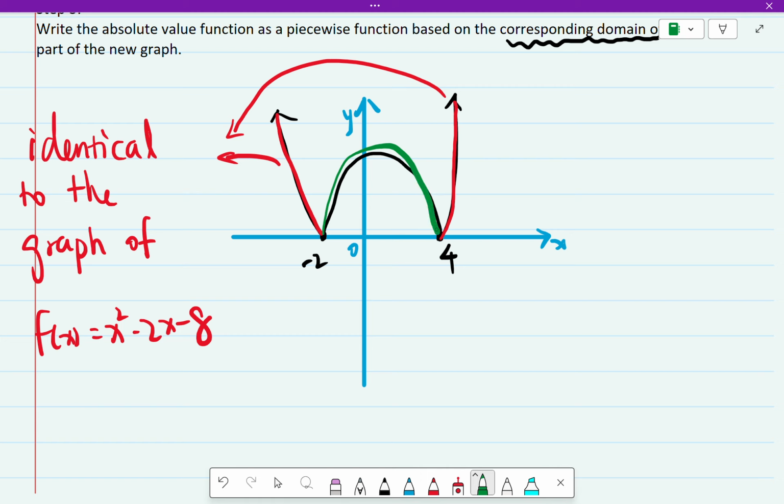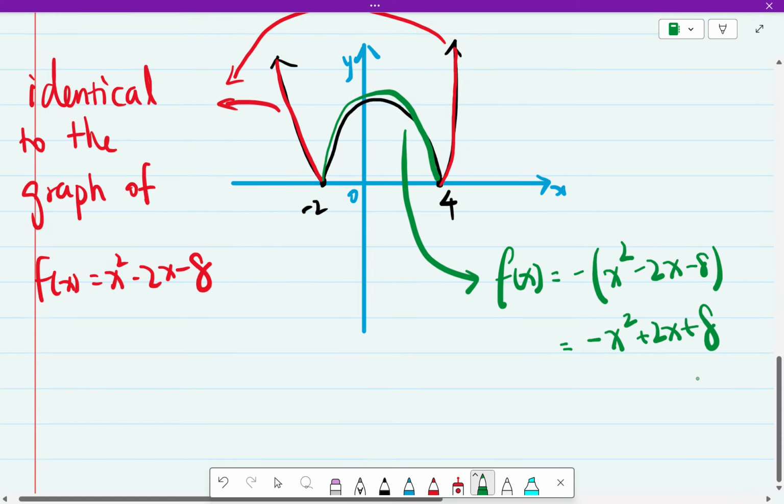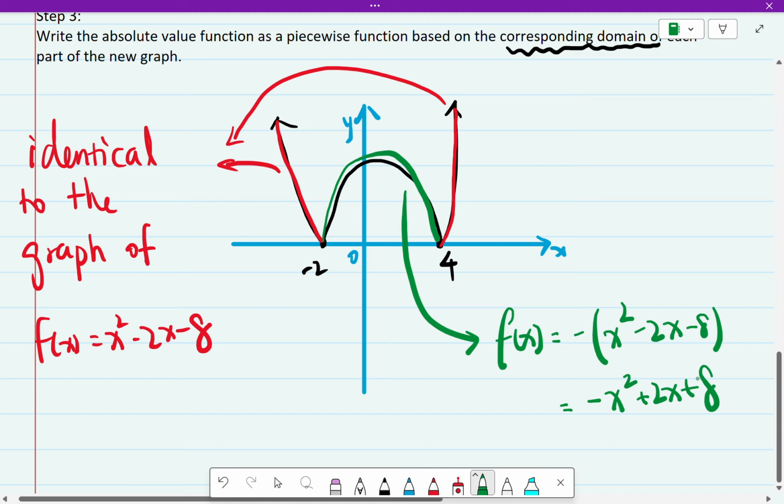If we reflect a function, we just put a negative sign in front of the whole thing. So the reflected part would be negative x squared plus 2x plus 8. We can see that this absolute value function's graph actually consists of two different parts.